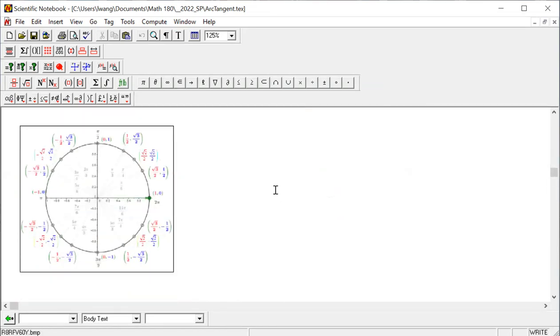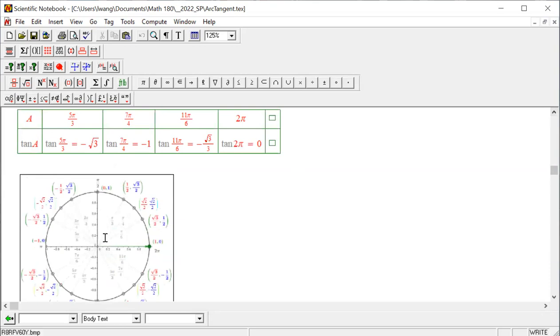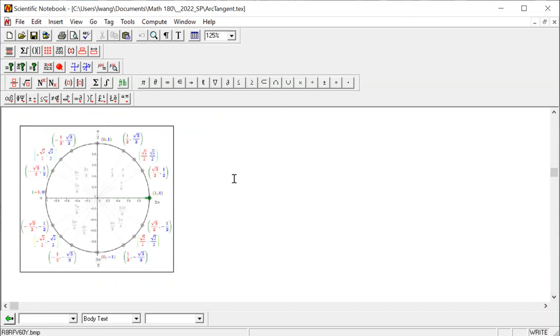Increasing, decreasing, we talk about now from the perspective of the unit circle. What do we see?